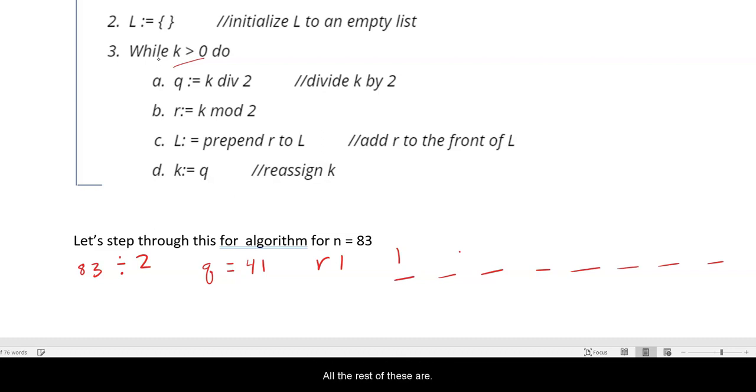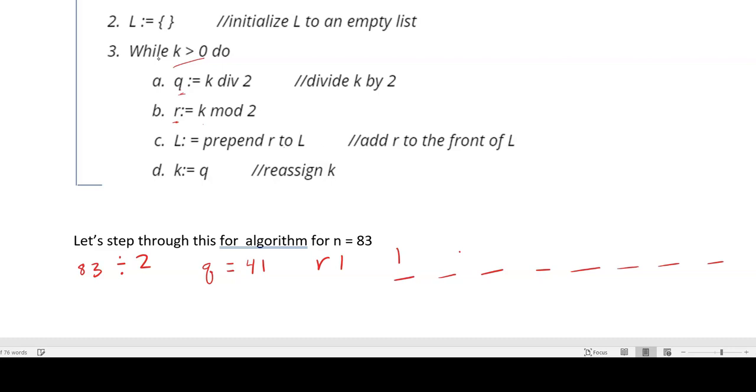And all the rest of these are empty. So I've done this step here. Q is 41. I don't do anything with that. R was the 1. That's what I use, and I put that R in the leftmost space of L.